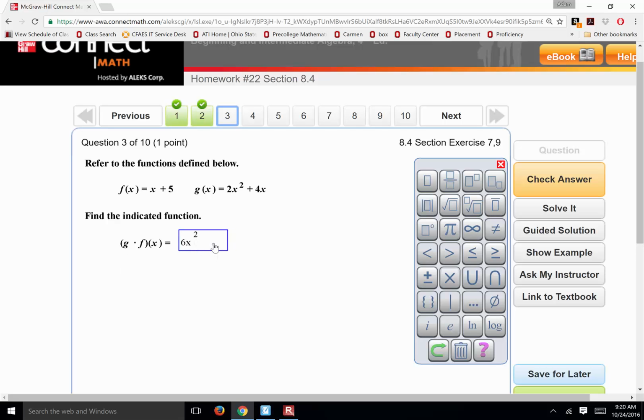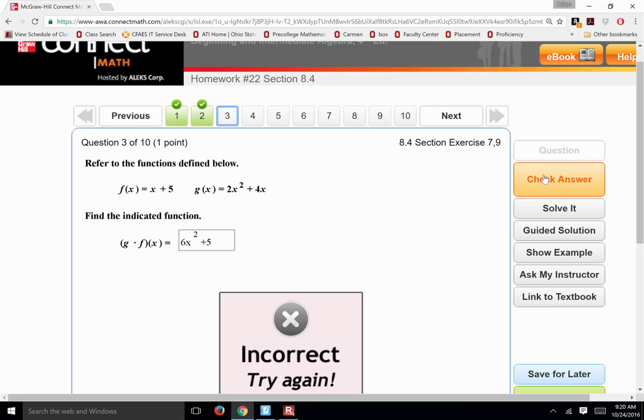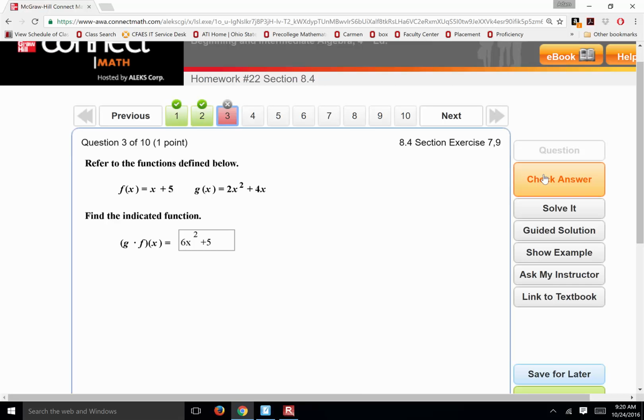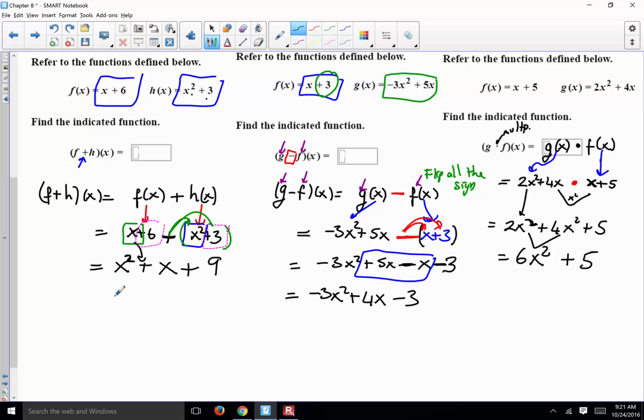Shouldn't be that easy. Look, wrong. Where's my mistake?